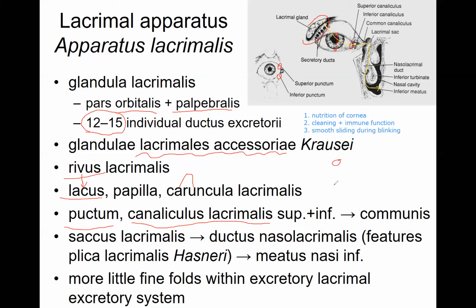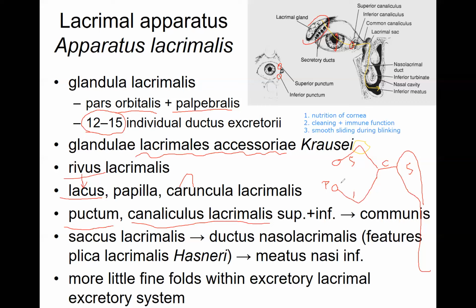So what is not drawn in the figures is that they go like this, then they are bent, then they are fused, and finally they open into a sac. And then the sac goes down. So this is a sac. This is the common canaliculus, superior and inferior. This is the punctum. And don't forget, please, this bend, which is not much drawn in figures, but it's important. Why is it important?